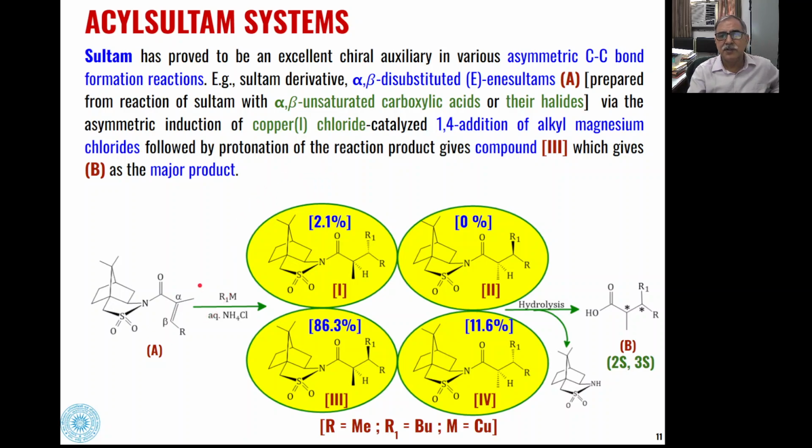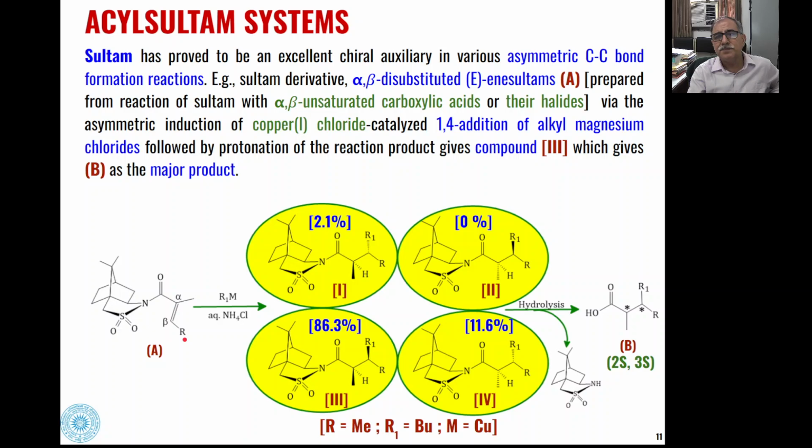For example, if we react sultam with alpha beta unsaturated carboxylic acids or their derivatives like halides, then we will get these types of alpha beta disubstituted E sultams.